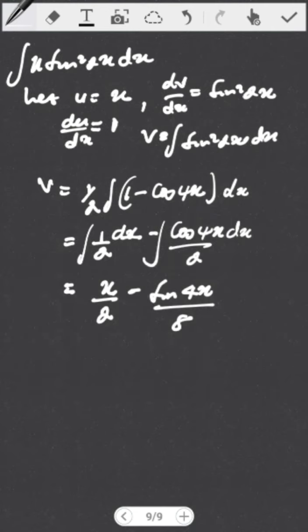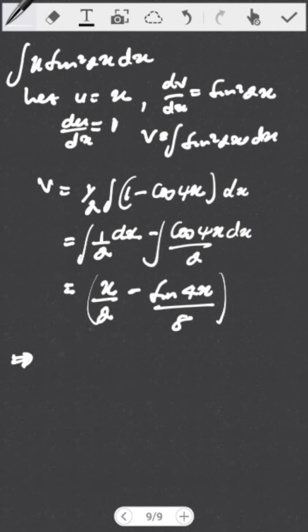Let's put it into the main expression. What is uv, of which my v is this, and my u in this case is x.